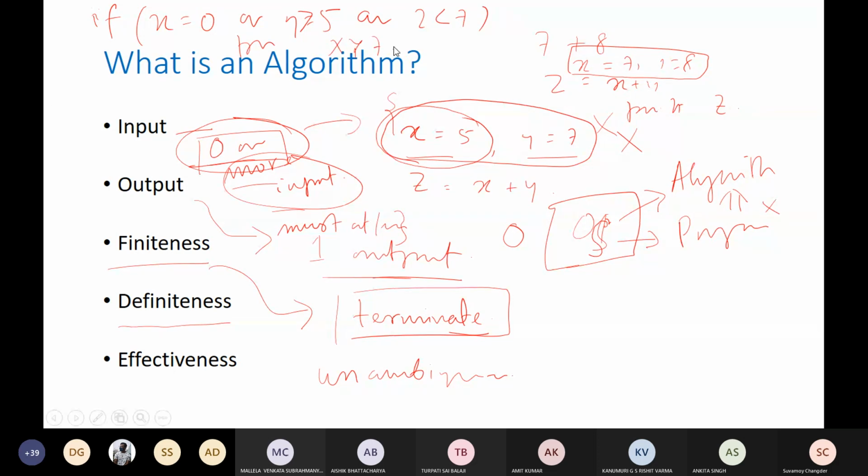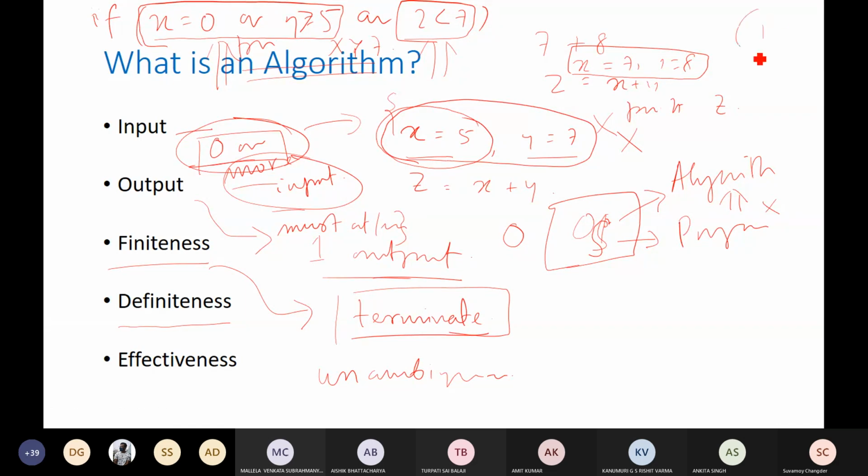Now the problem is, if x equals 0 or y greater than 5 and z equals 7, you see how many different statements can arise. One reading is x equals 0 and y greater than 5, and z equals 7, so we have to follow all the conditions to make this print statement true.